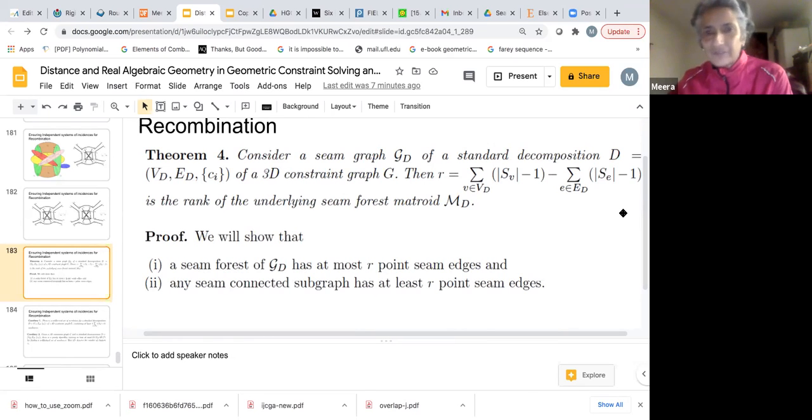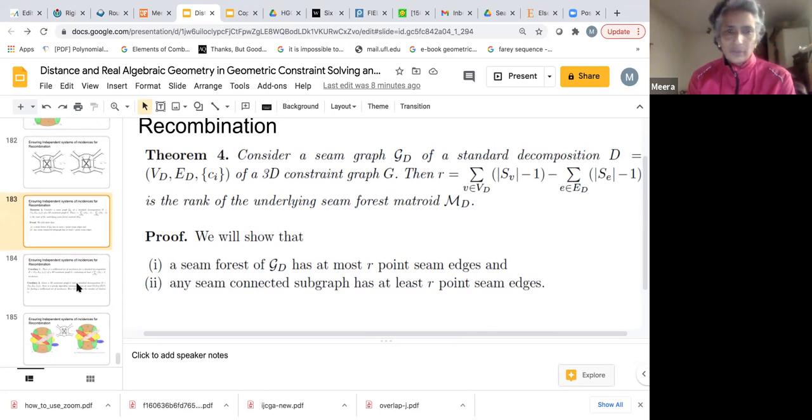And then we separately define the seam graph and the seam tree for it. Now we're saying that, in fact, if you use the seam tree, then you get what we want. The rank of the underlying seam forest matroid turns out to be exactly the number of equations that we want for each. So we get a well-formed system of incidences. That's what this is saying.